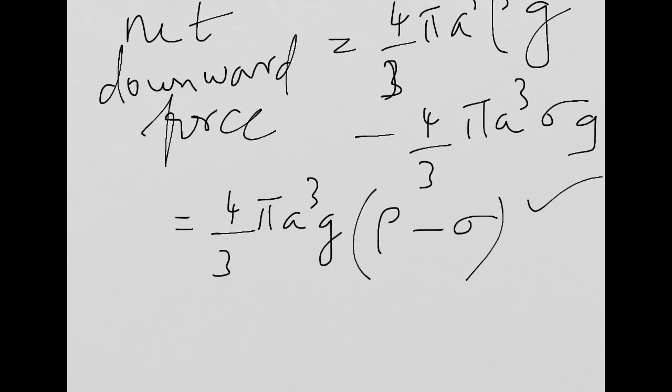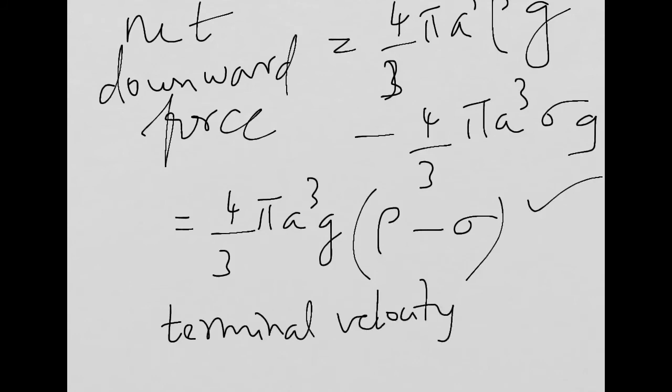When the oil drop falls down, let us consider that it has attained a terminal velocity, a constant velocity called v, with which it is falling down.